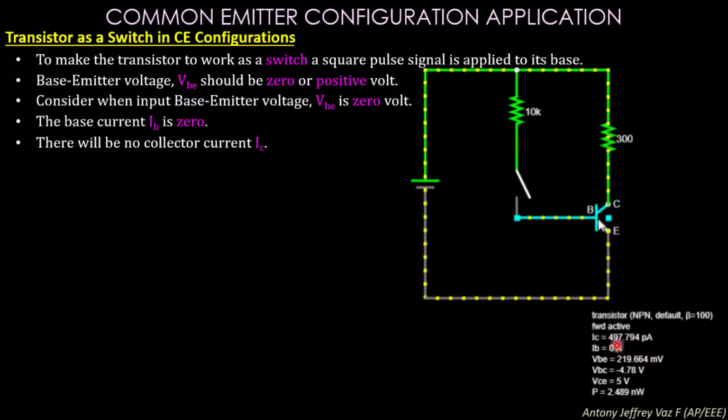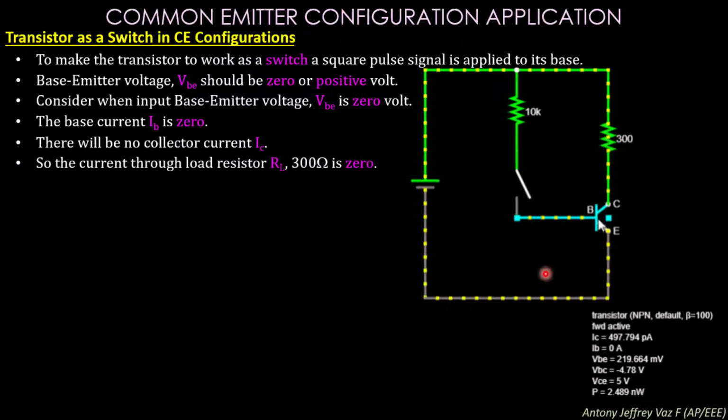If you see here, the collector current IC is equal to 497.794 picoamperes. It is very small, so the load resistance will not work, or the connected device over here will not work. Irrespective, the base current is 0, the collector current is also 0, so the emitter current is also 0.